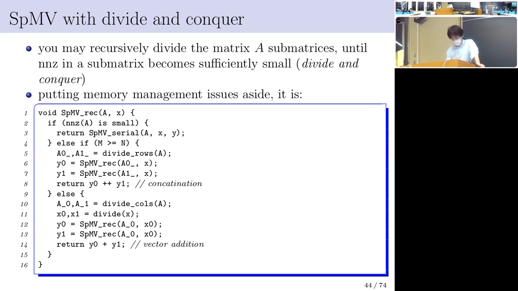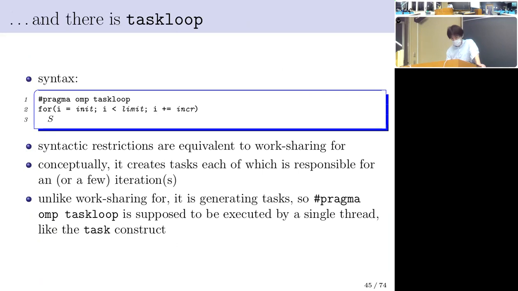Okay, so I'm almost done. Another thing you might want to know is that OpenMP actually has another directive or concept called taskloop. As its name suggests, it can be considered as another way of load balancing a for loop.